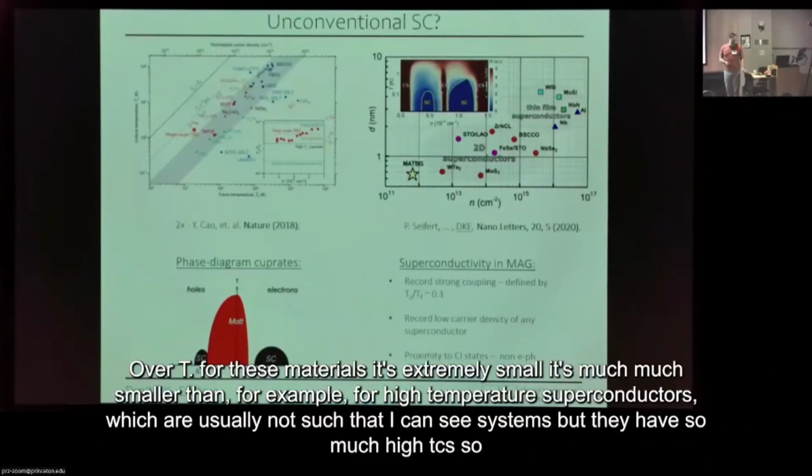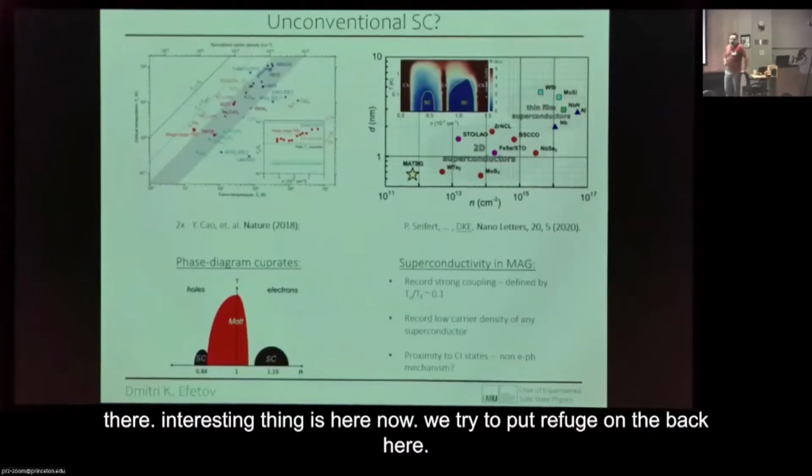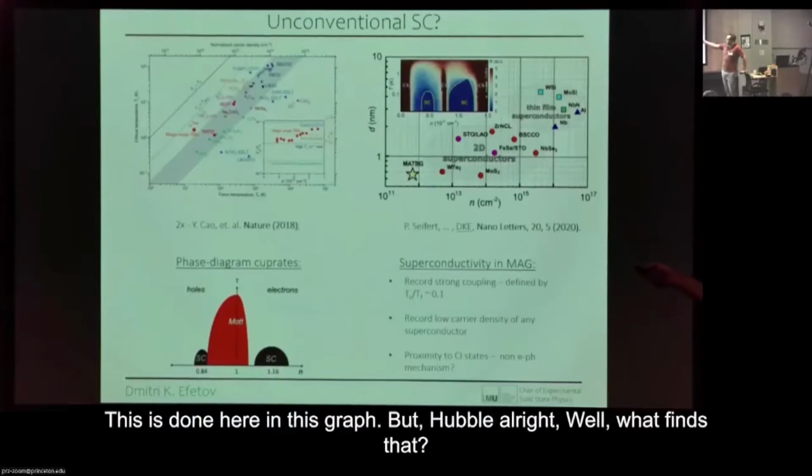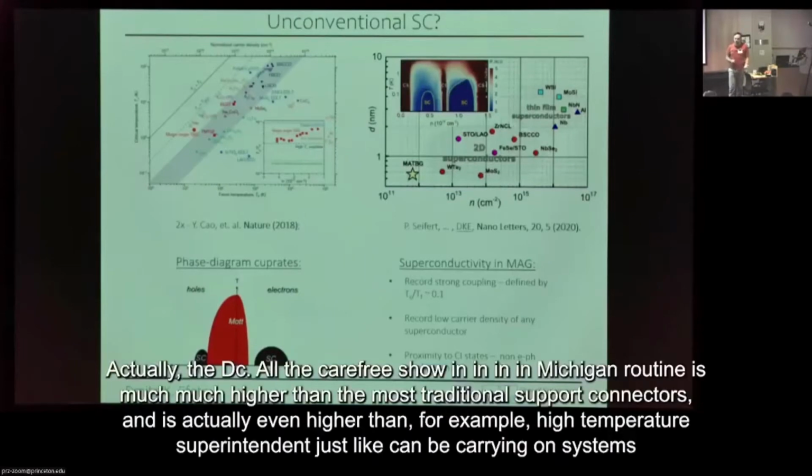The interesting thing is, now if we try to put graphene on the map here, this is done in this graph by Pablo. One finds that actually the TC over TF ratio in magic-angle graphene is much, much higher than in most traditional superconductors.